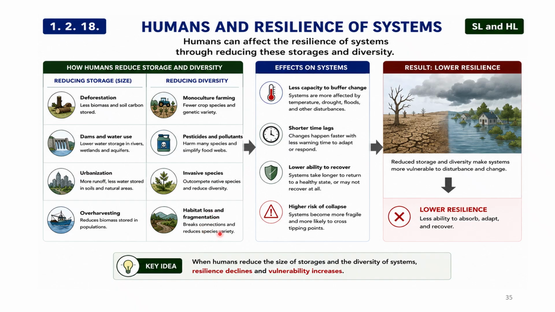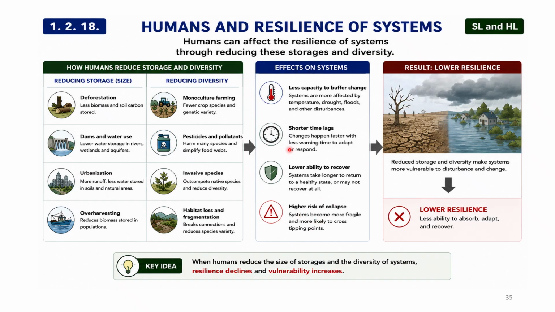For example, replacing a diverse forest with a single crop plantation greatly reduces species diversity and ecosystem stability. These changes reduce a system's ability to buffer disturbances, shorten the time available to respond, slow recovery after events such as droughts or floods, and increase the likelihood of crossing ecological tipping points.